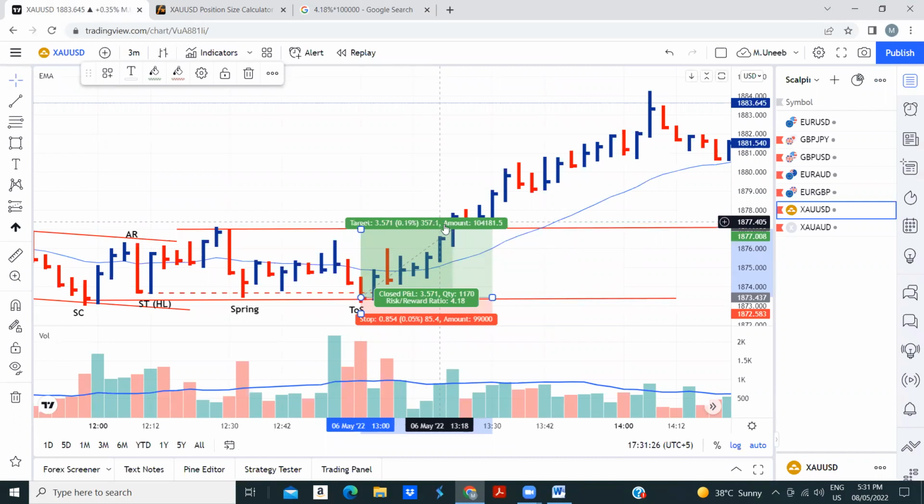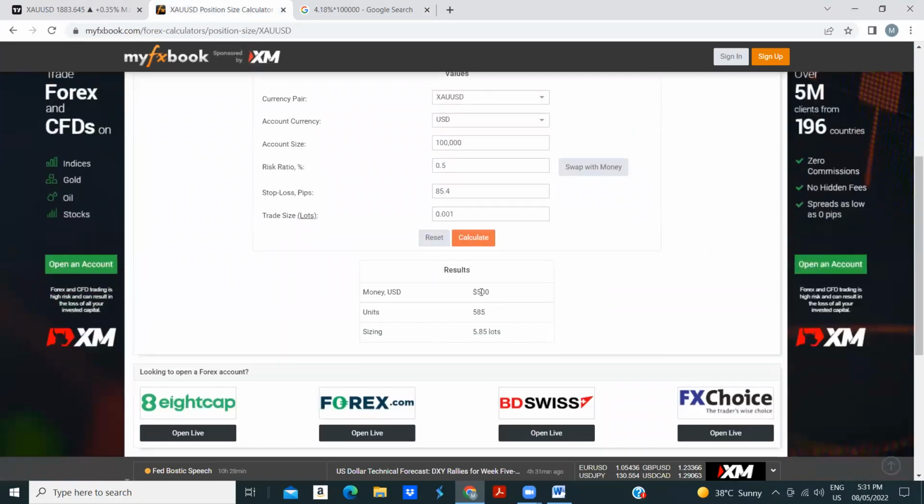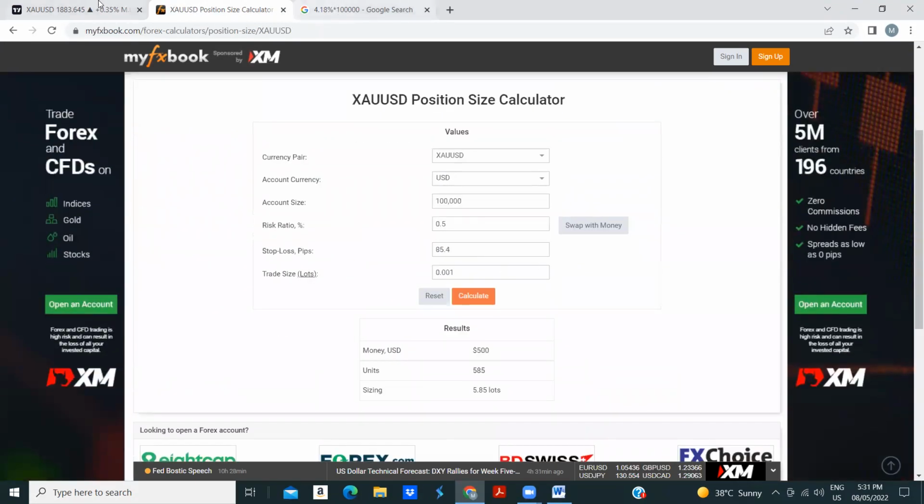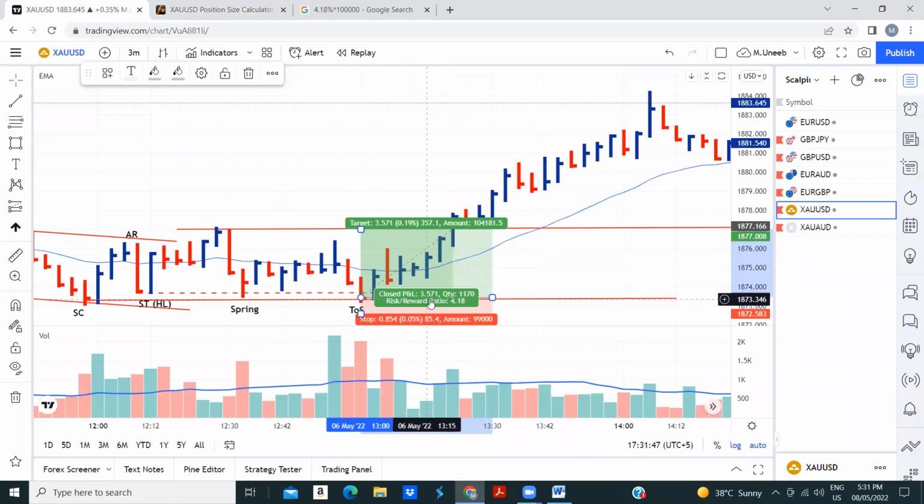If you reach your profit target, what was your initial risk? If you want to know how much money you're going to make if you win this trade, it's very easy. You will see your percentage of this amount. With this position lot size, your risk is this one. So you have to see your risk to reward ratio, 4.18.